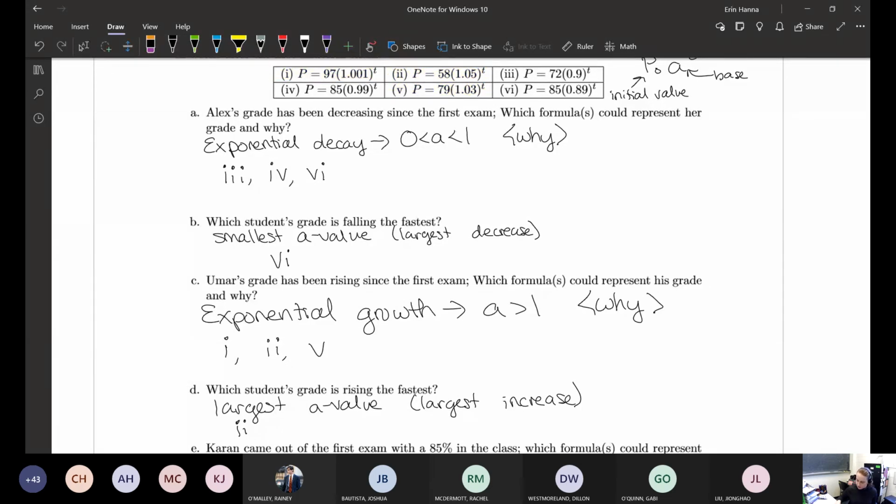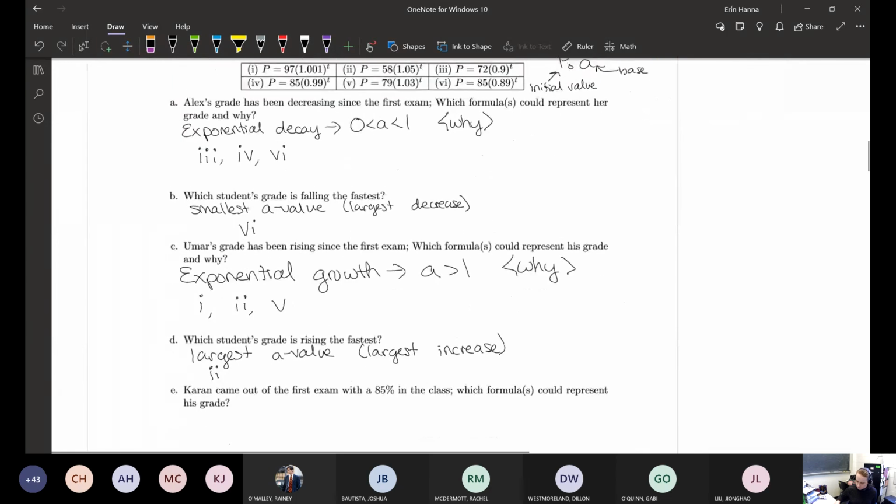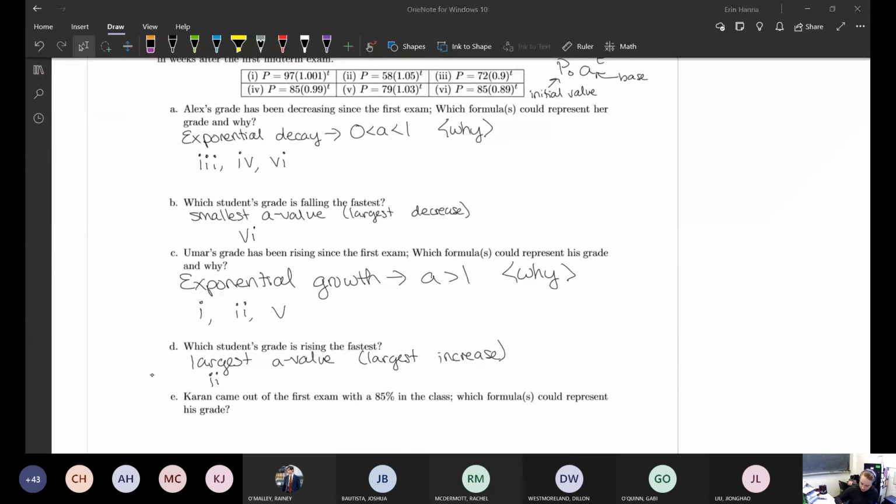And then the last piece of this question: Karan came out of the first exam with an 85 in the class. Which formula or formulas could represent his grade? Since the first exam was an 85 for him, that means that the initial value would be 85.